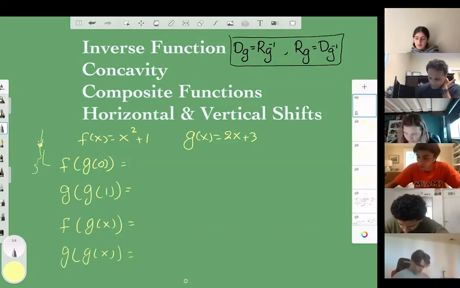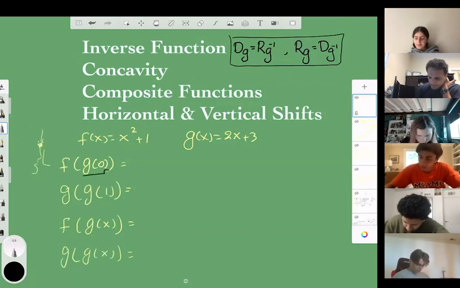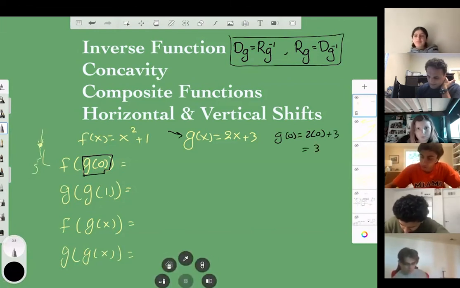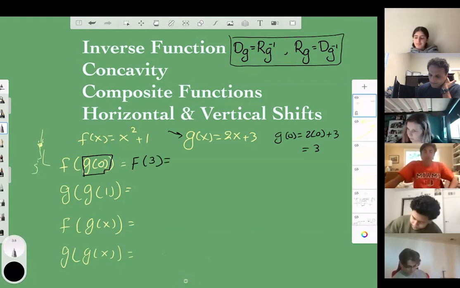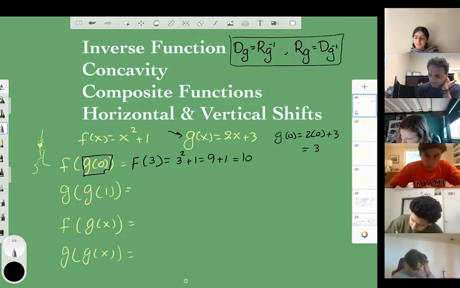F of g of 0, inside of the parenthesis, g of 0, you use this function. G of 0 will be 2 times 0 plus 3, which is 3. So therefore, we are looking for f of 3. F of 3 will be 3 squared plus 1, 9 plus 1 equal to 10. Done.